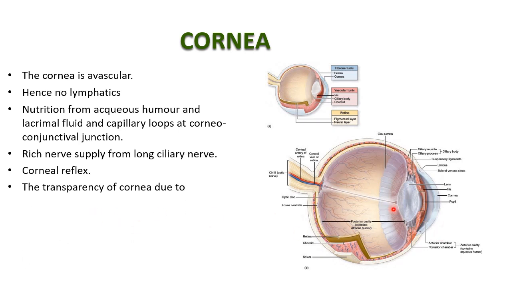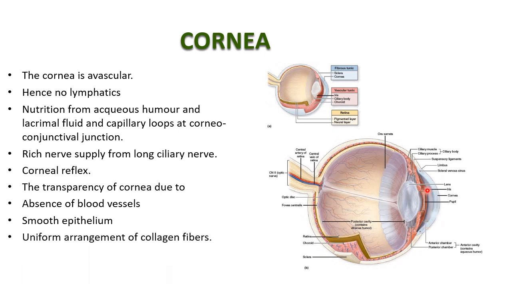So how is the cornea kept transparent? One reason is that it is avascular. The second thing is it has a smooth epithelium. Okay, so the epithelium is not irregular, they are all smooth epithelium. Then in the corneal stroma, when you look at the collagen fibers, they are all uniformly arranged.